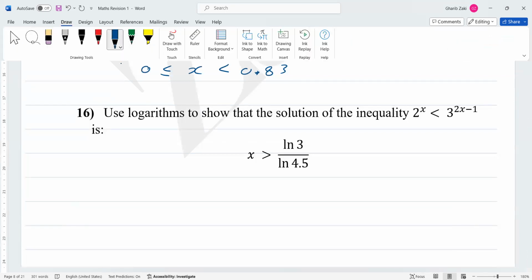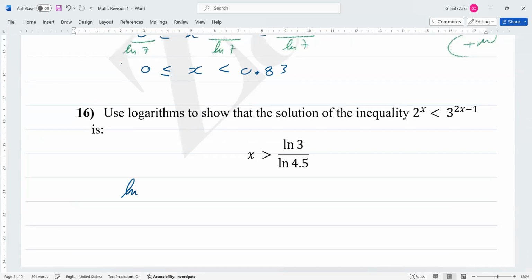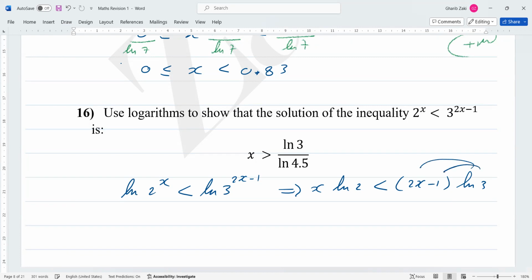Ln 2 to the power x is less than ln 3 to the power 2x minus 1. Then x ln 2 is less than the bracket 2x minus 1 times ln 3. We need x. Then distribute ln 3 over the bracket: x ln 2 is less than 2x ln 3 minus ln 3.